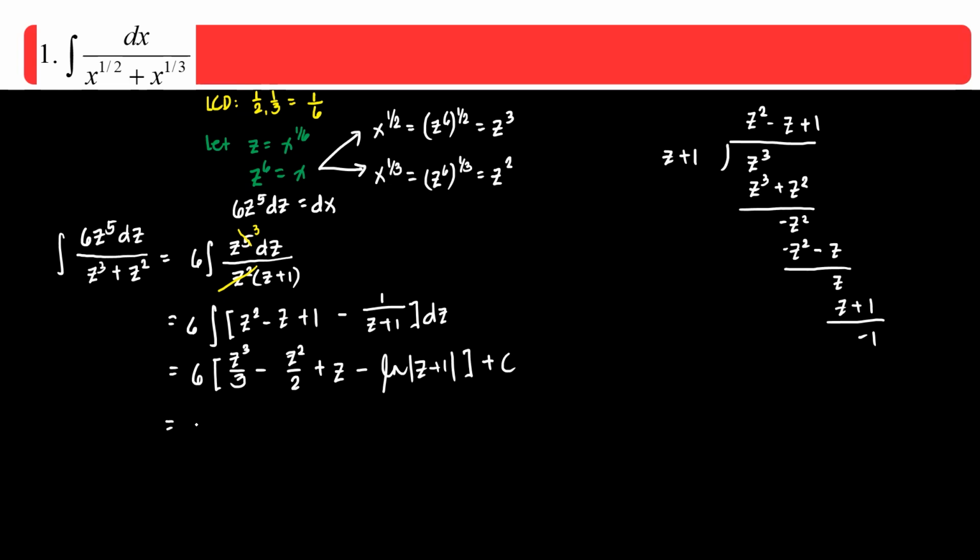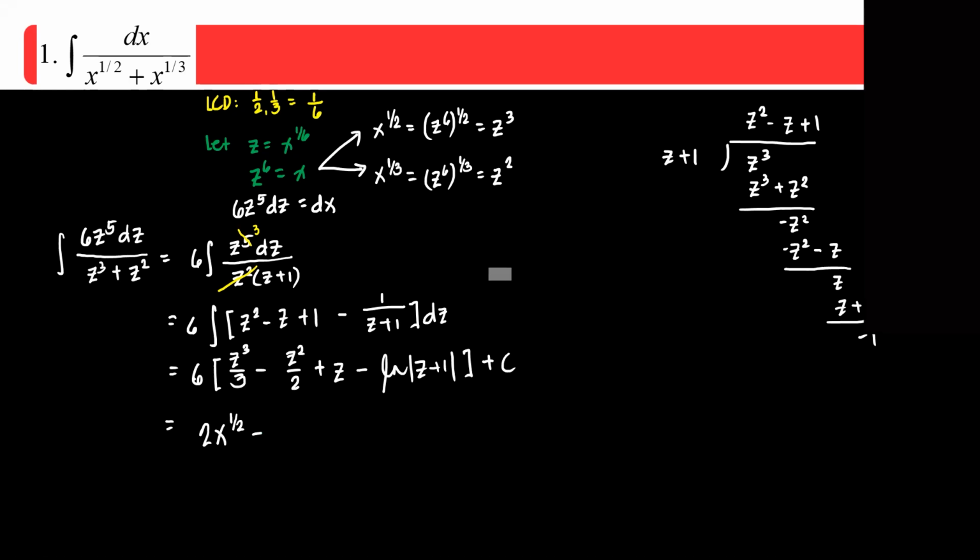Therefore, I can say this one is 2/3. What is z cube? Oh, it says there, z cube is actually equal to x to the 1/2. Minus 1/2, sorry, 6 divided by 3 is 2. So this is 2. 6 divided by 2 is 3.